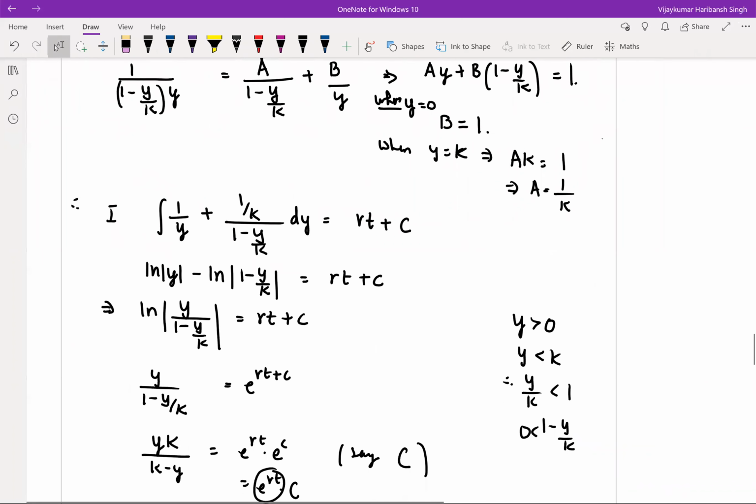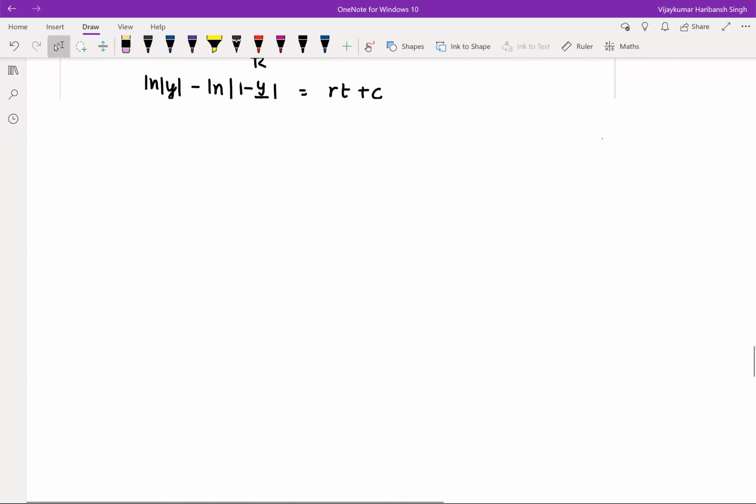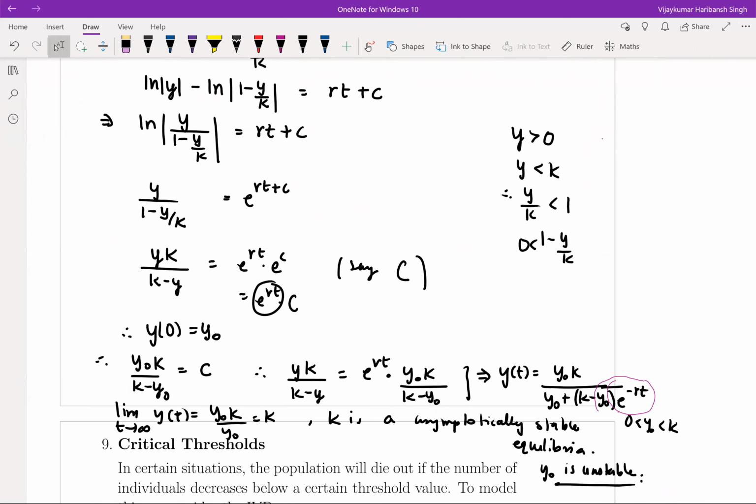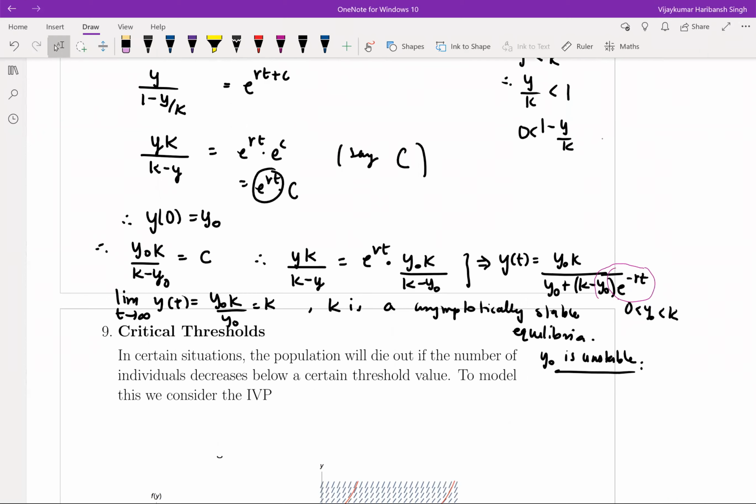All right, so that's the idea behind it. Note that we started with the exponential growth, and we went to logistic growth. Then we have another model for population called critical threshold. So what is the critical threshold? In certain situations, the population will die out if the number of individuals decreases below a certain threshold value.